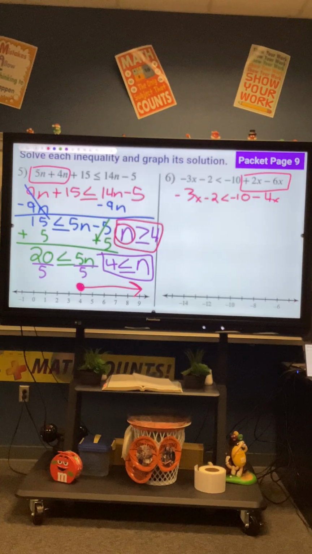That's a -4x on my right. So what do I do with that? It's the opposite of subtraction. If you're a negative Nancy, you have to do what? We're gonna add 4x to each side. There you go.